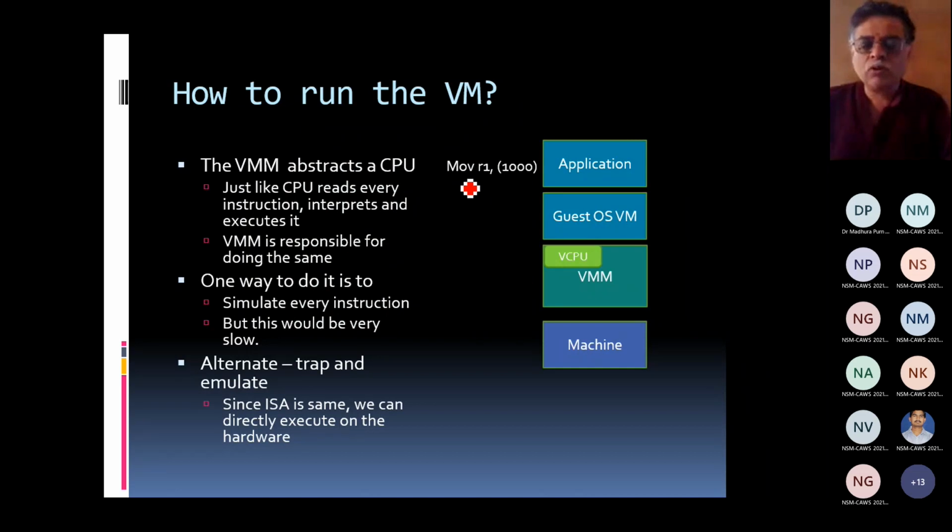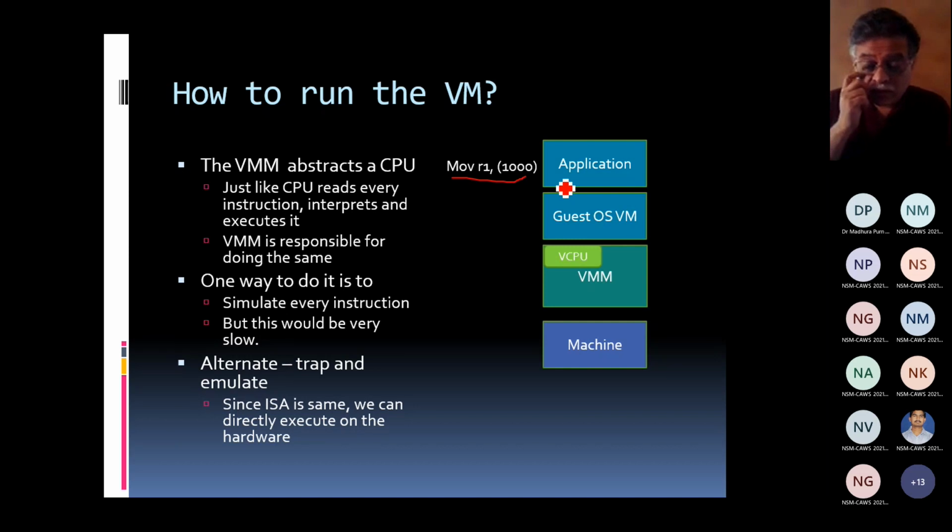The VMM, which is running here, this virtual CPU, is responsible for executing this instruction. So one way to do this is to simulate every instruction. For every instruction, I will decode it and I will run it. Which means for executing one instruction, you are actually doing a lot of work.